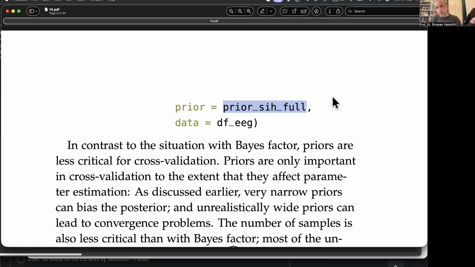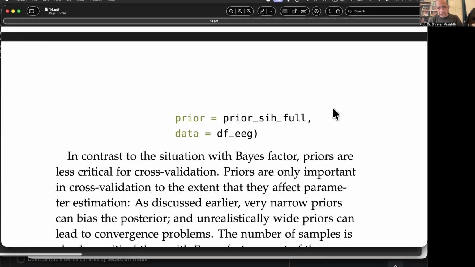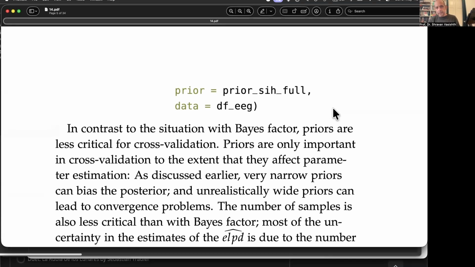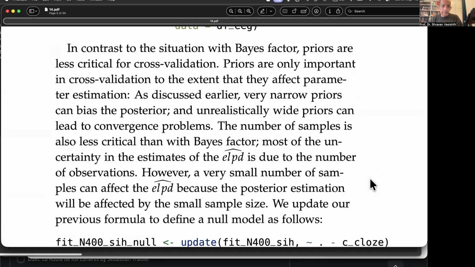If the posterior is biased by the prior, either because it's too informative or not informative enough, then you will, of course, get different values for your cross-validation statistics, but the priors are not as critical as in the Bayes factors.